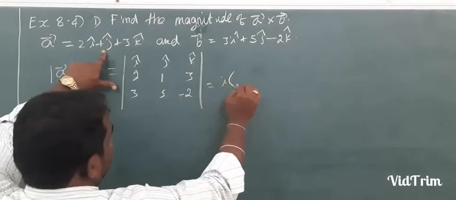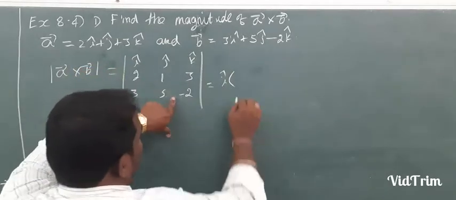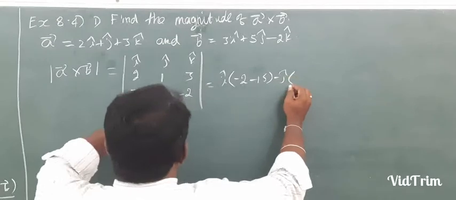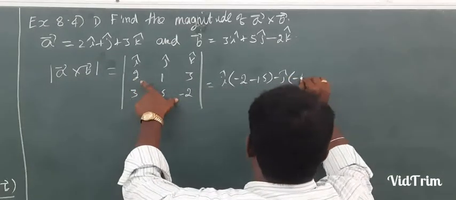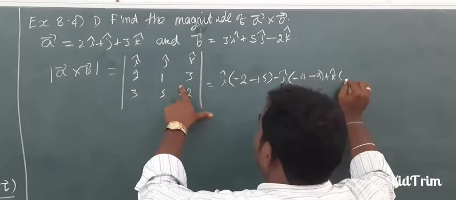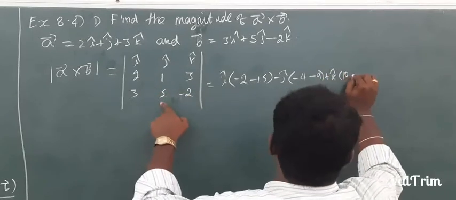Take that: minus 3, minus 15, minus j times minus 4, minus 9, plus k times 10, minus 3.